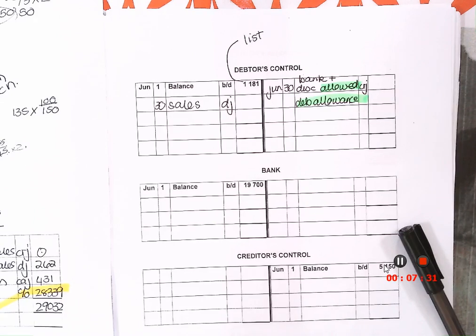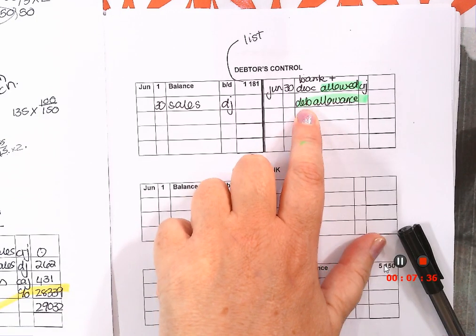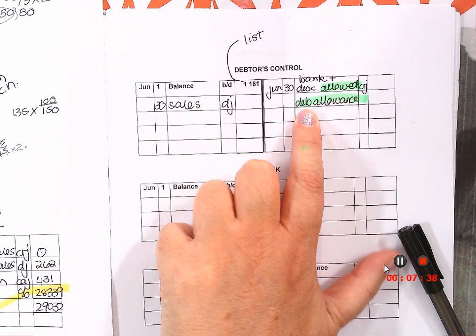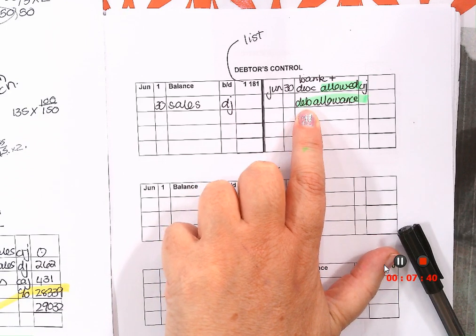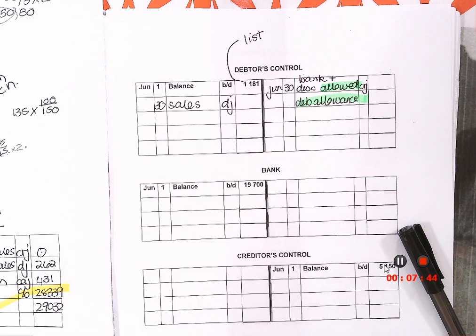I want specifically to know which allowance, because this is your T account. You've got a T account called debtors allowance. You don't have a T account called total allowance. With the creditors control, you can write total allowance, because with the creditors control, you literally take what you send back to each separate account, to trading stock, to repairs, to telephone, whatever is returned, you take to that specific account.